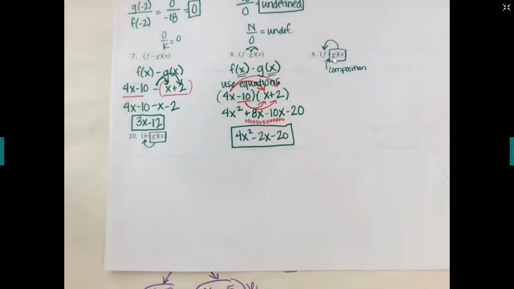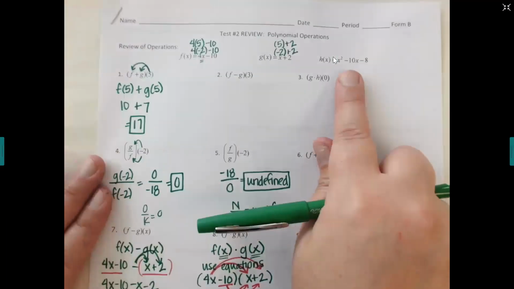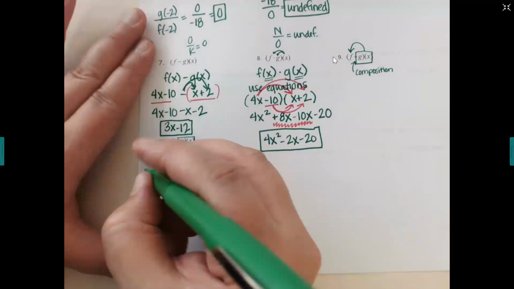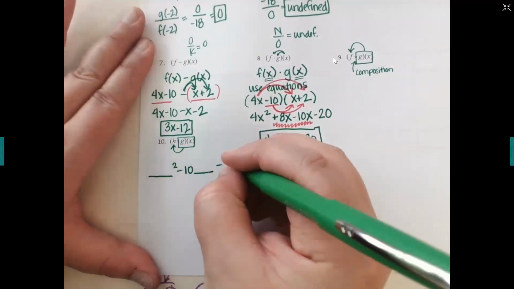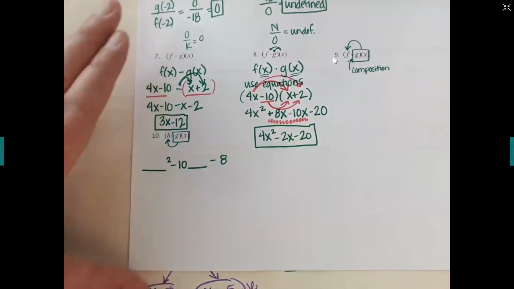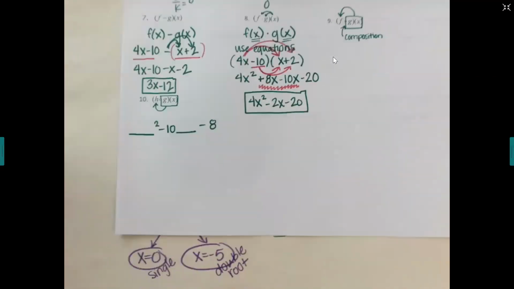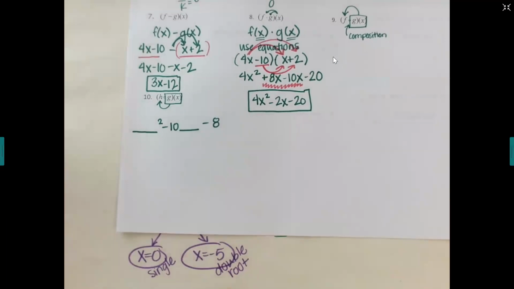So in both of those spots, I'm going to leave a little blank, just like we did in the notes. So my H formula is x squared minus 10x minus 8. Well, then it's going to be blank squared minus 10 blank minus 8. Just like that.